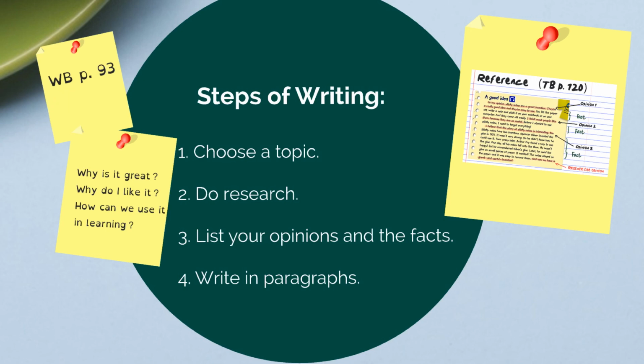When you are thinking of the facts, you can use these questions to help you. In the end, write your opinions and facts in paragraphs. When you're writing, you can refer to the writing model in your textbook or the example in this video.